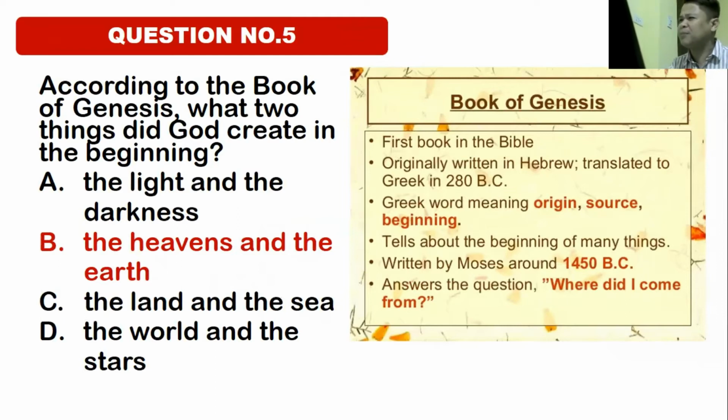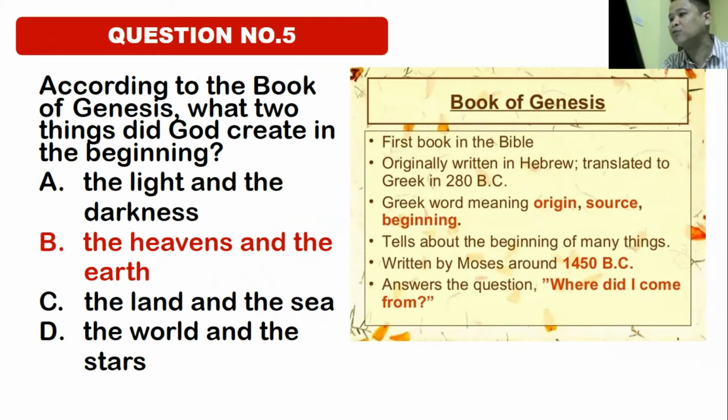Let's talk a little bit about the book of Genesis. The book of Genesis is the first book in the Bible, originally written in Hebrew, translated to Greek in 280 BC. Genesis is a Greek word meaning origin, source, beginning. It tells about the beginning of many things.